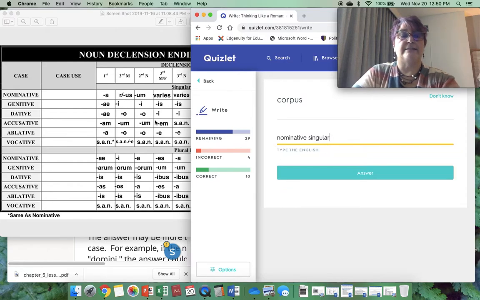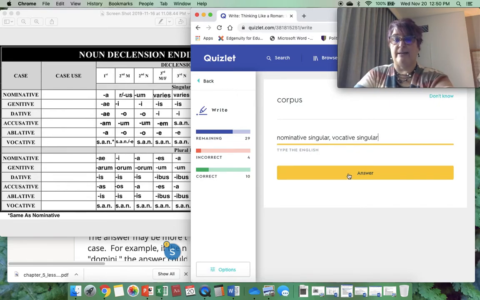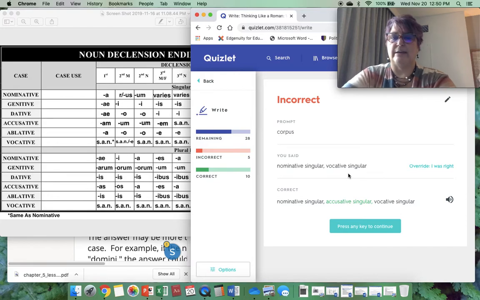Oh, wait, if it's nominative singular, then it also has to be vocative singular. Okay, now I know I'm right. Wait, I'm wrong. Accusative singular. There is no US in accusative singular. How can that be right?